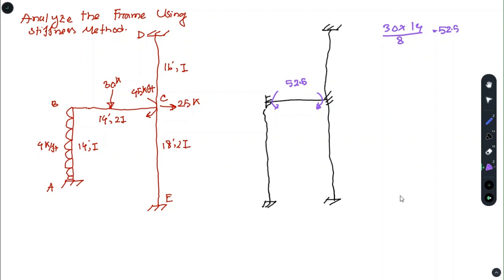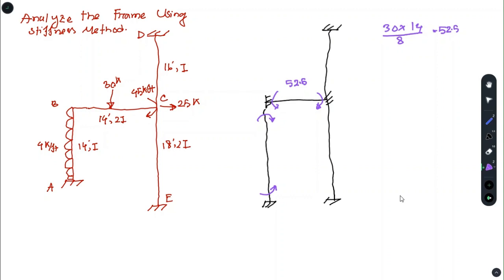We'll get another two moments for the 4 kip per feet loading along the frame. So we'll get a moment this way and this one. The moment will be WL squared by 12.